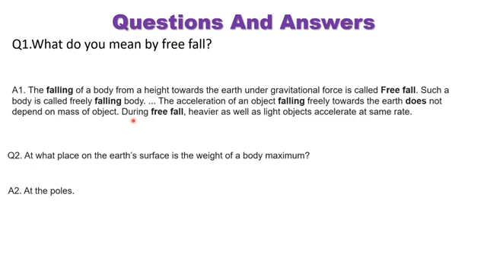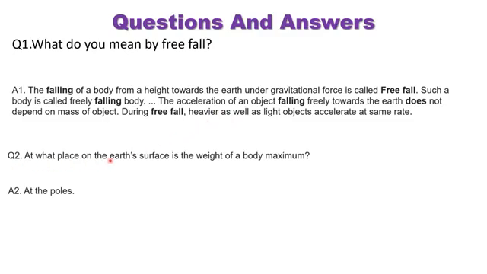The resistance is proportional to the surface area. More the surface area, more the resistance, and that is why you will find differences in the time when they touch the ground. During free fall, heavier as well as light objects accelerate at the same rate. This we have already done with the help of beautiful examples.